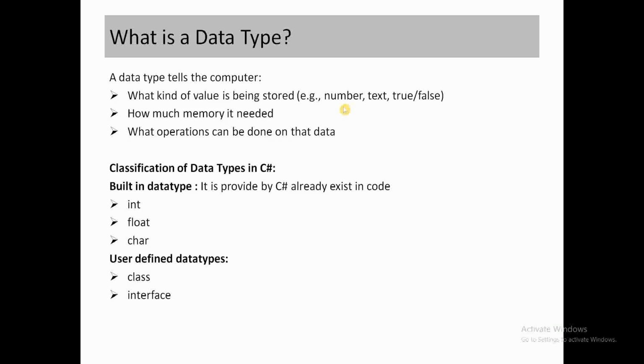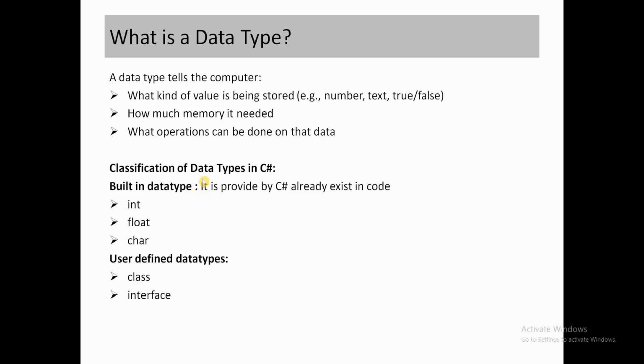If we want to store a number, then we have to use integer, and if we want to use text, then we have to use string data type. And suppose if we want to use true, false values, then for this we have boolean. How much memory it needs, we will also learn in a later section. And what kind of operations are done on this data.